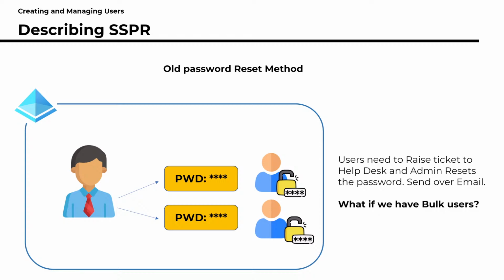Now we will see what the old traditional method is when we want to reset the password. Let's say I am a user and I have forgotten the password. If I want to reset my password, I have to raise a ticket to the IT team, and they will wait for the approval for the password reset.